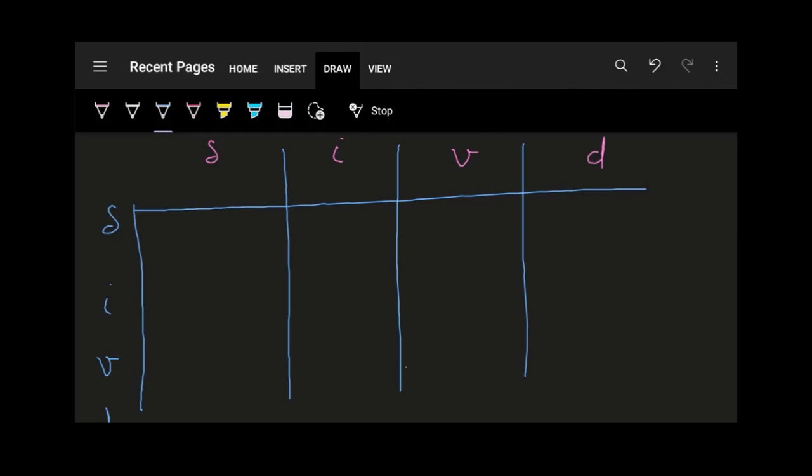So the value of i in terms of delta is i equals e to the power delta minus 1. The value of v in terms of delta is v equals e to the power minus delta. The value of d in terms of delta is 1 minus e to the power minus delta.